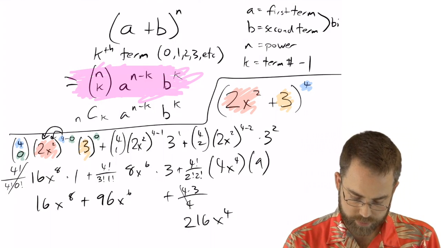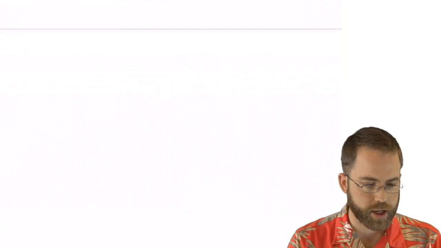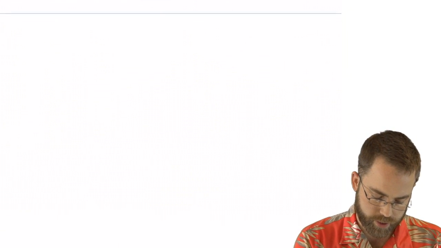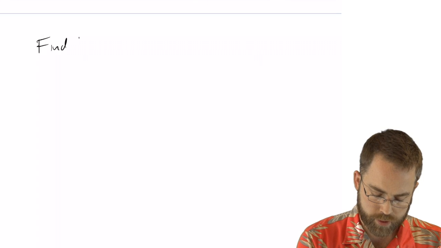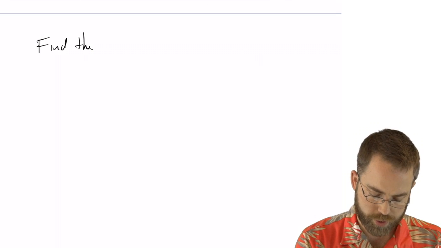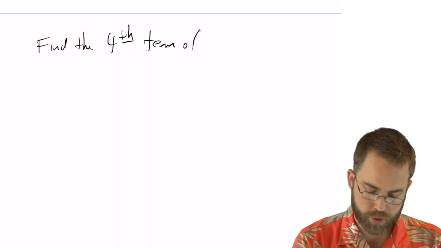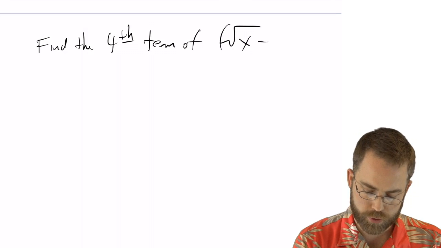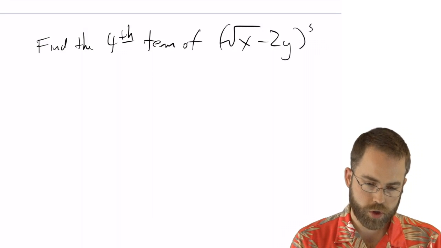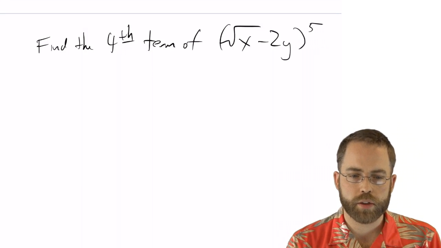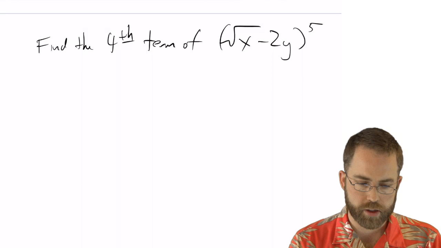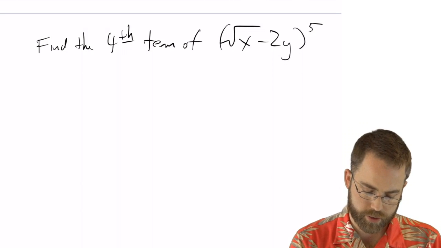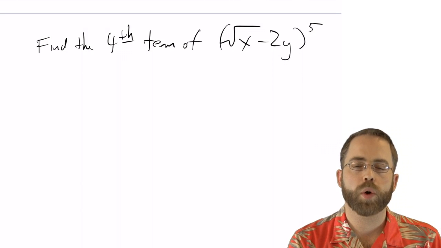All right, so last example then, and I'm done, is that someone might say, find the fourth term of square root x minus 2y to the 5th. So what we're doing is our k is not going to be 4, our k is going to be 3, because it's always one less than that.